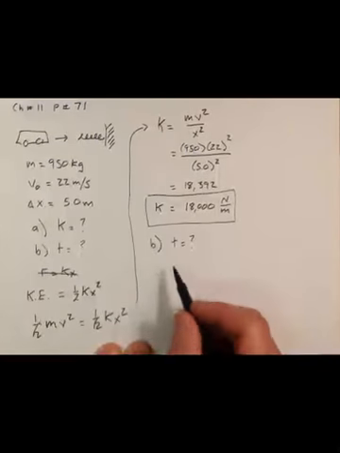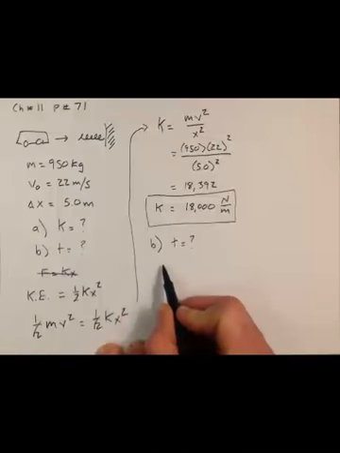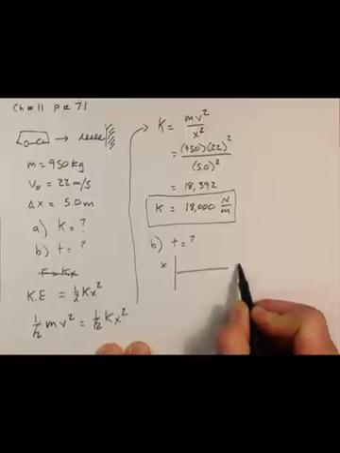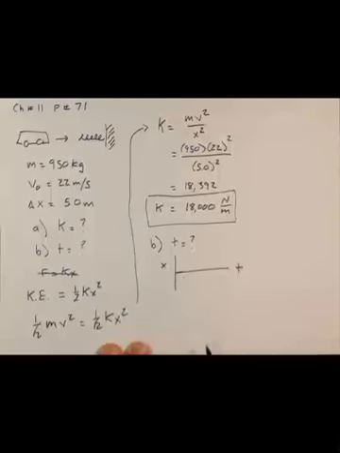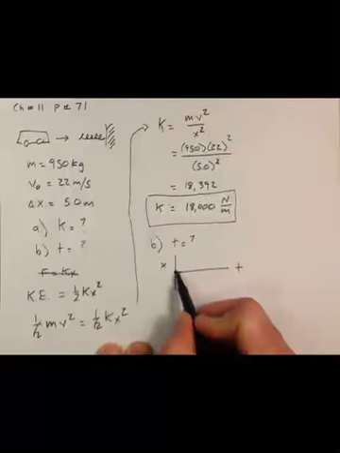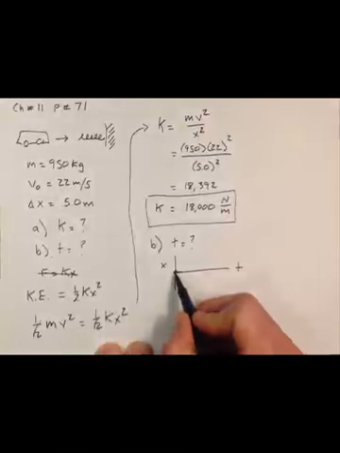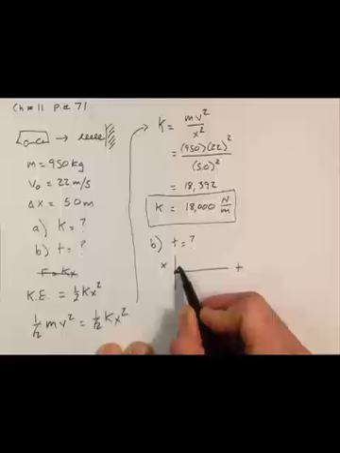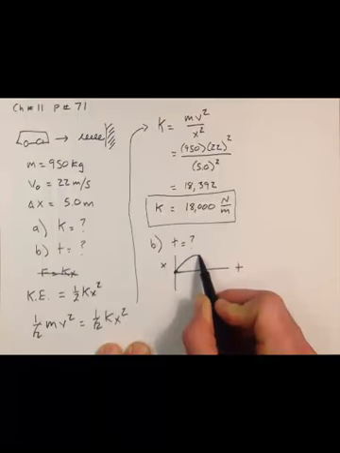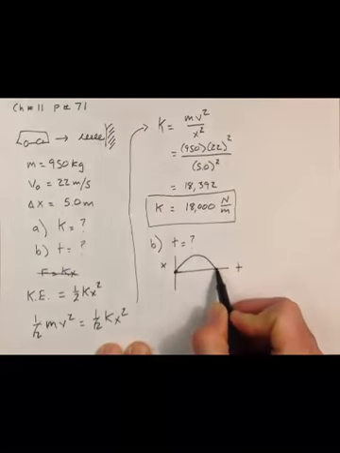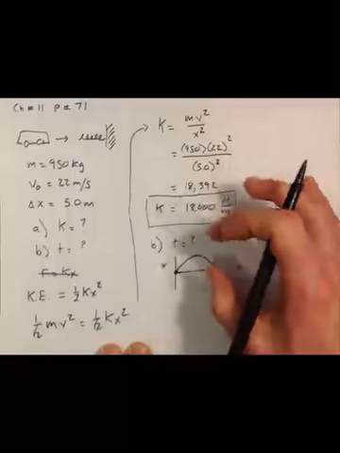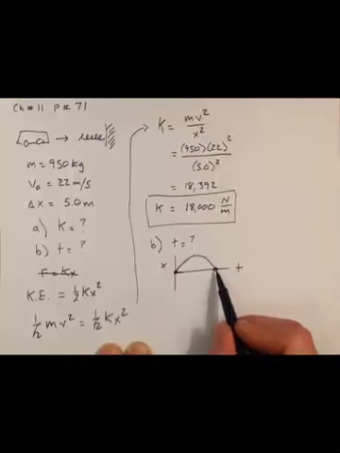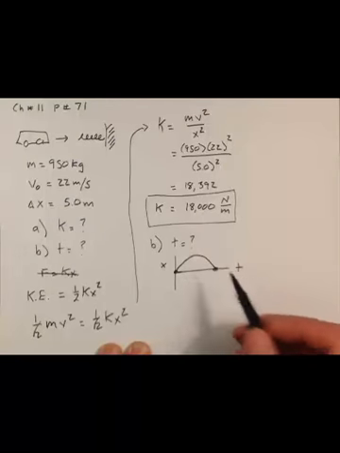I think the idea here is to think about the position of the car versus the time it's in contact. The car first makes contact with the spring in the equilibrium position. The car then compresses the spring to some maximum compression, and then comes back, and the car is released.